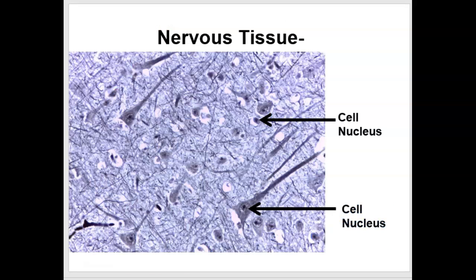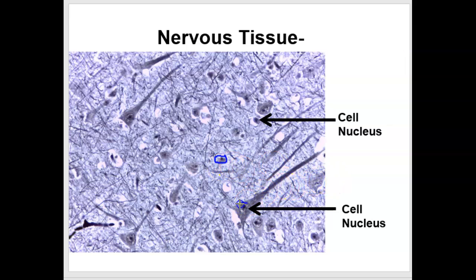So first, our task is to talk about nervous tissue and what's in it. So nervous tissue has various types of cells, and anytime you see this circle with the nucleolus in it, that's the cell nucleus.